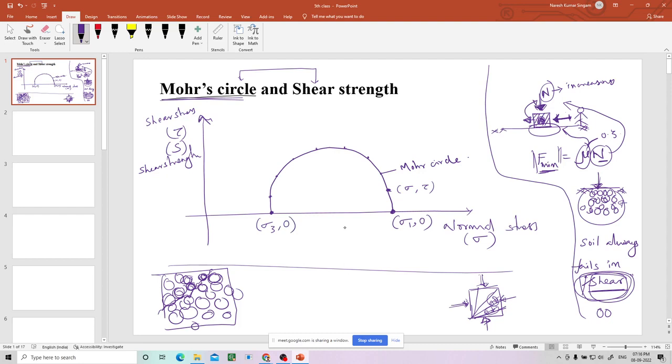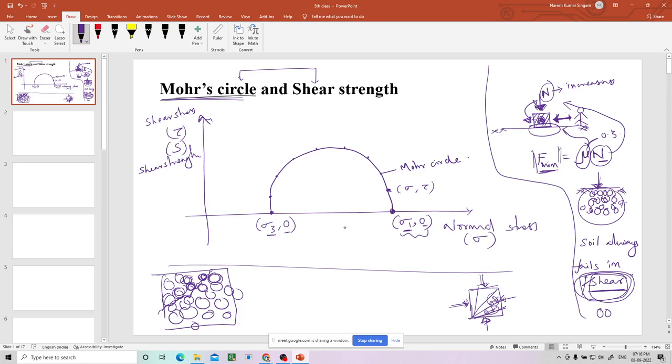That means this is the plane on which there is no shear stress but only normal stress. Here also there is only normal stress but no shear stress. Those planes are called principal planes. This is the major principal plane, this is the minor principal plane.